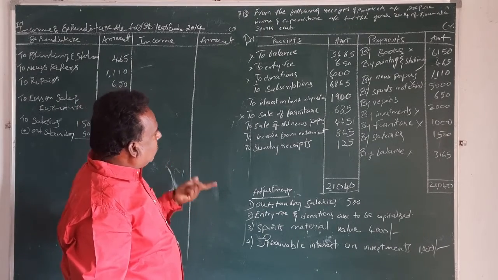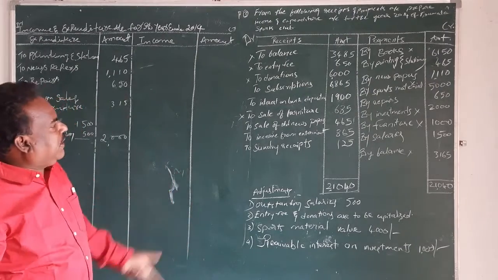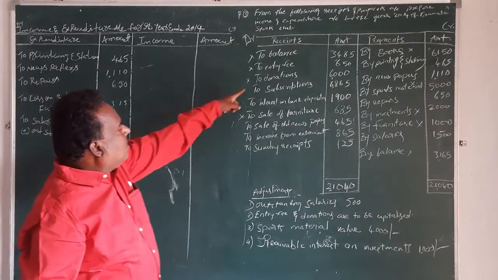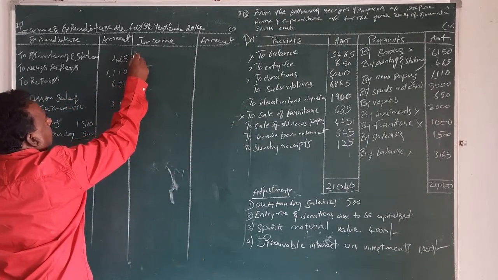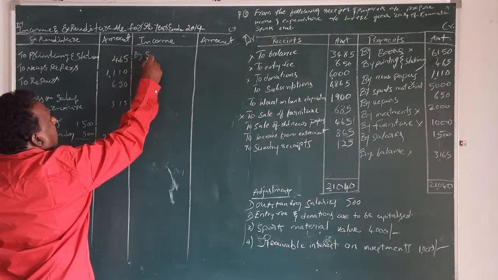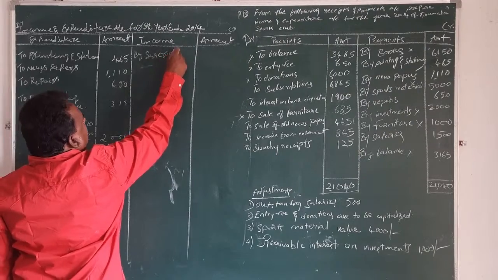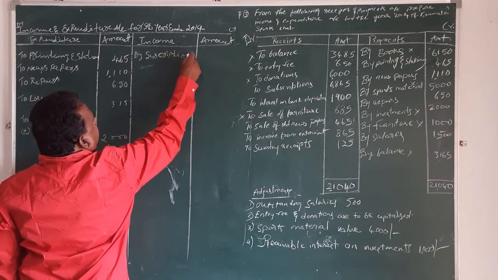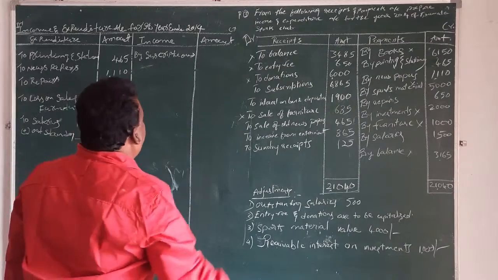You must recognize entry fee and donation as capital receipts. Next, subscriptions. By subscriptions 6,865.